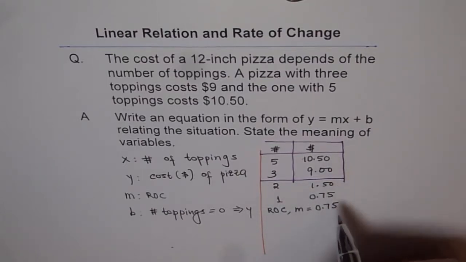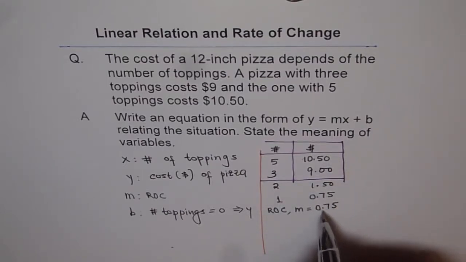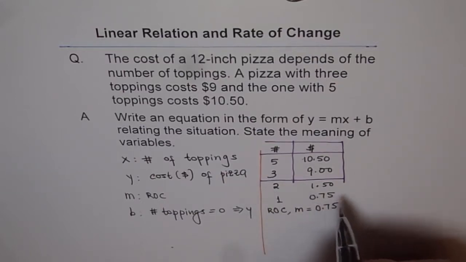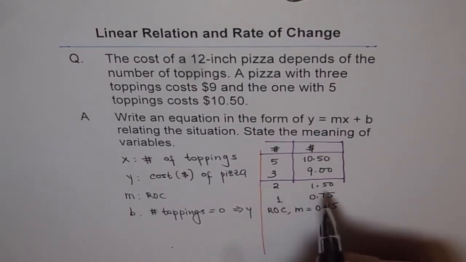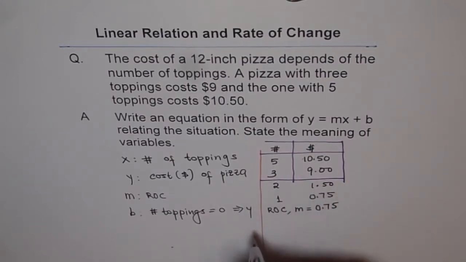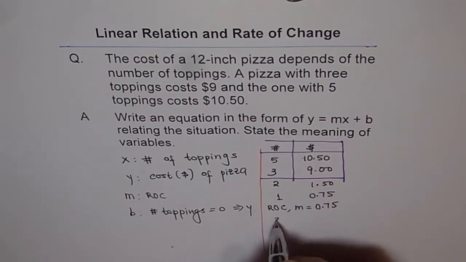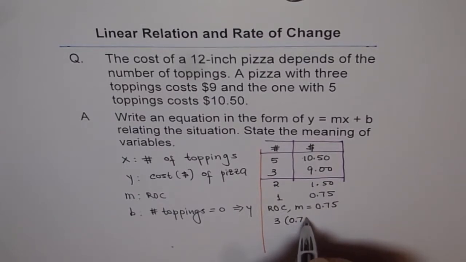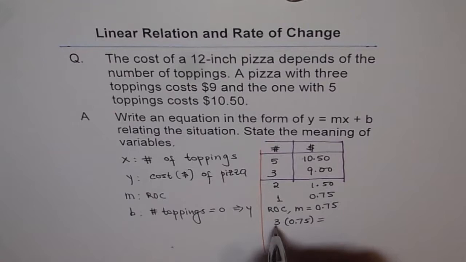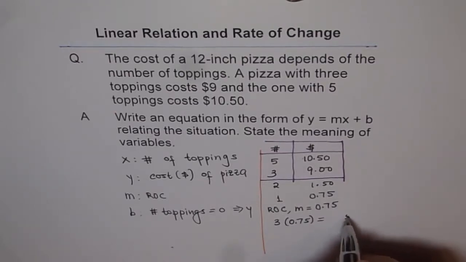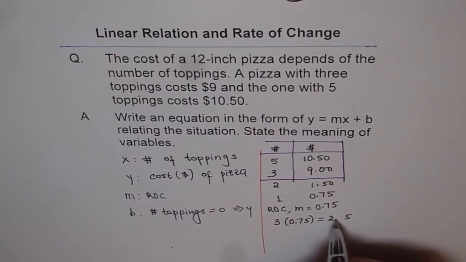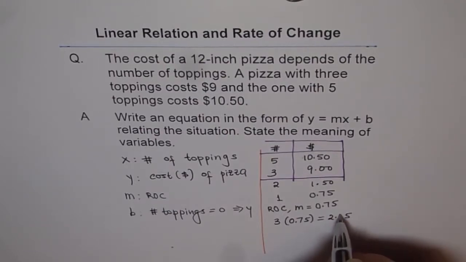So let's take away 75 cents these many times. If I take away 75 cents three times, then I get the cost of 3 toppings, right? So let me write. 3 times 75 cents: 3 times 5 is 15, 3 times 7 is 21, so we get 2.25.